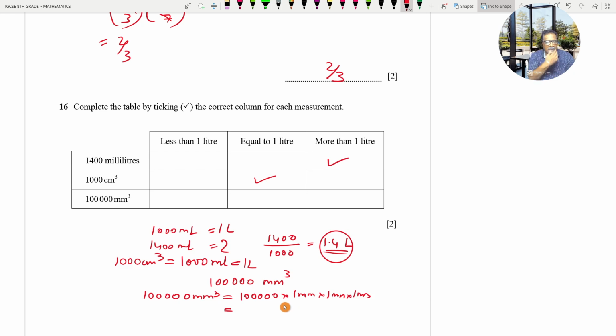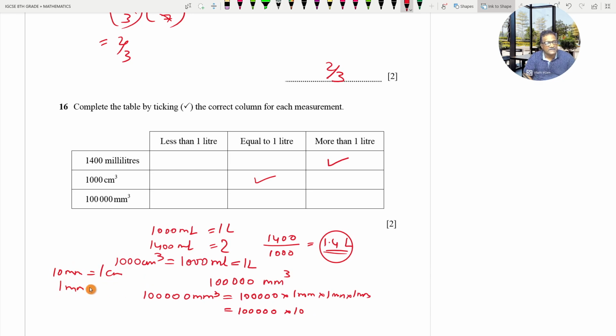Now 10 millimeter is equal to 1 centimeter.